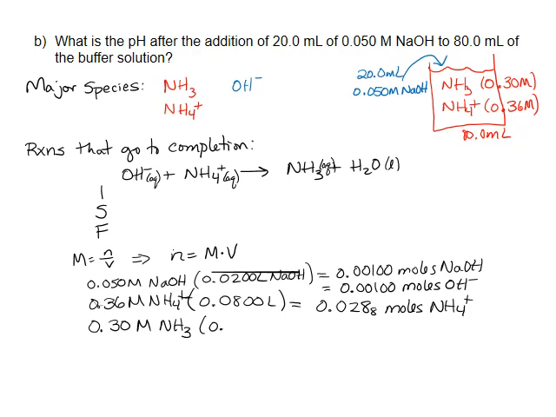Again, that was a solution that was 80 milliliters or 0.08 liters. So we're starting off with 0.024 moles of ammonia. Let's go ahead and write these in to our stoichiometry table.